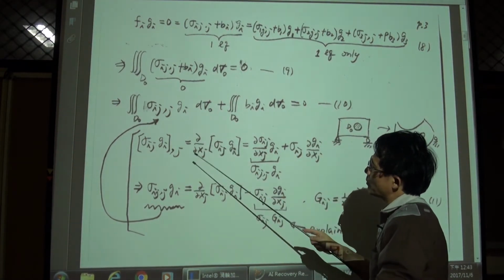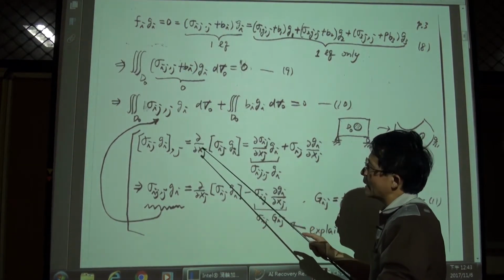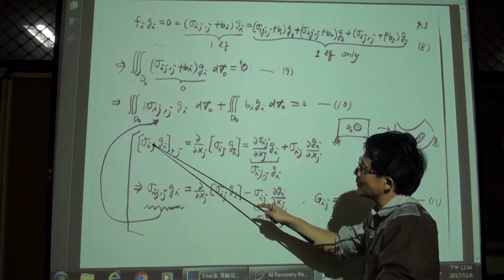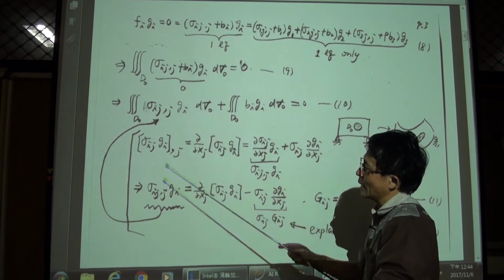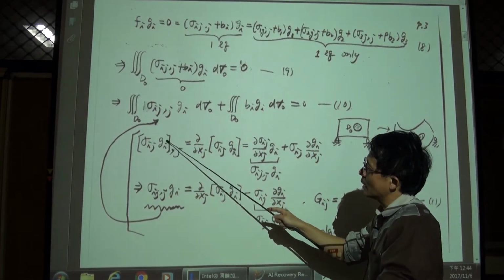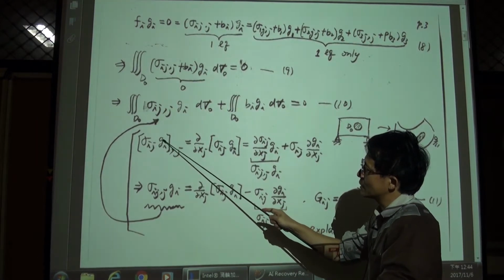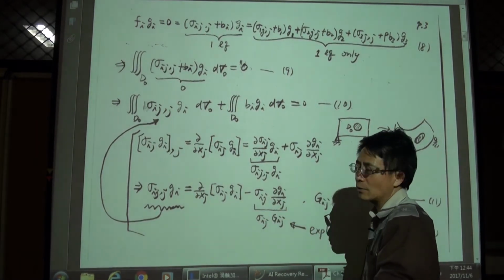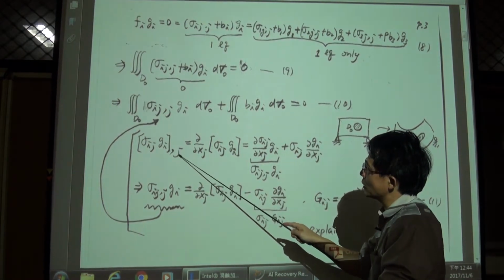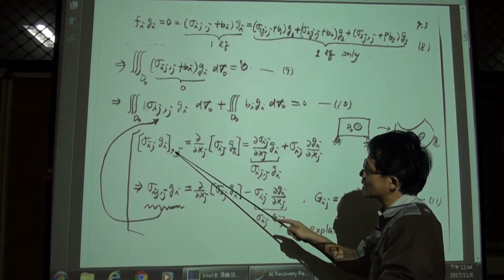Let me remind you of a mathematical identity here. For example, we have two functions, sigma ij times gi. Sigma ij is the stress, and gi is the vector function. We perform the partial differentiation with respect to xj.